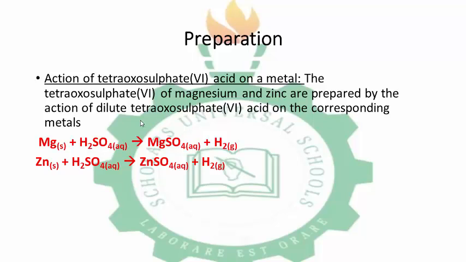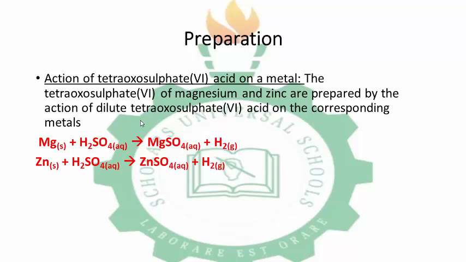When we are preparing tetraoxosulphate(VI) salts, we consider the solubility of the type of salt we are preparing, and also the position of the metal in the electrochemical series, because metals below hydrogen in the electrochemical series do not liberate hydrogen gas from acid.